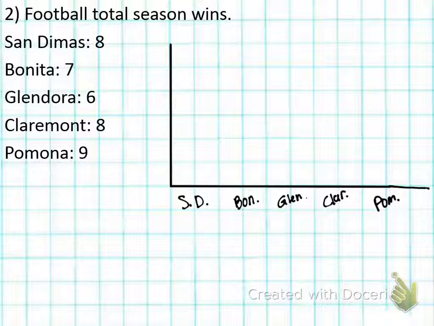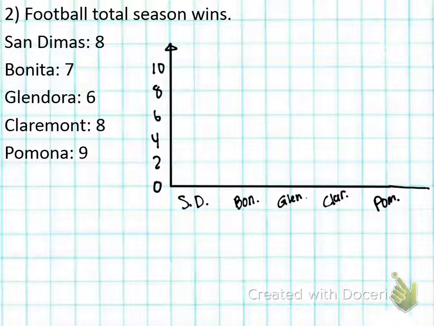Does it matter what your scale is? No. It's whatever you want. Remember, as a statistician, you can make your numbers look the way you want. Some people make them look like obviously not a big deal. I'm going to make them look like they go up to 10. So we'll put 0 at the bottom, 2, 4, 6, 8, and 10. That's all I really need for my graph here.